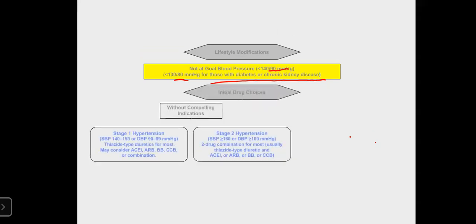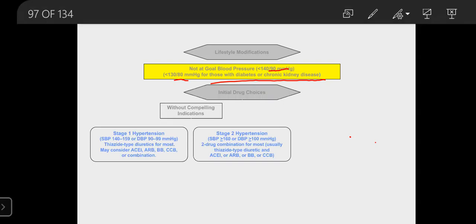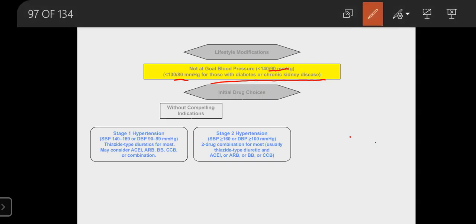Without compelling indication, if the patient has high blood pressure and is stage 1 or stage 2 hypertension, you can give medications, but there is no compelling indication, we say. Stage 1 hypertension means systolic blood pressure of 140 to 159, diastolic blood pressure of 90 to 99.